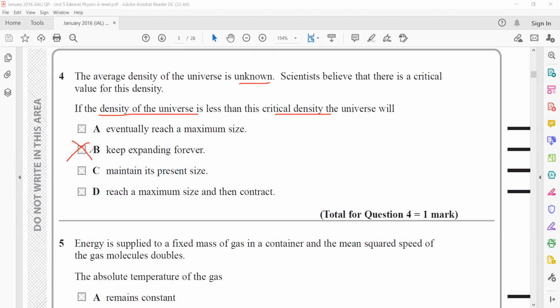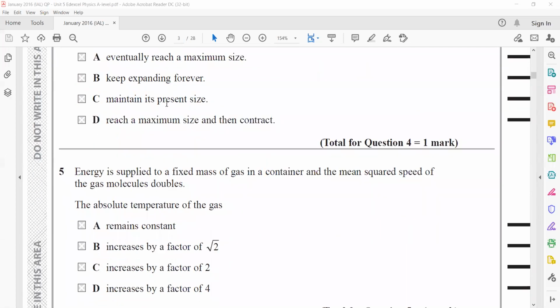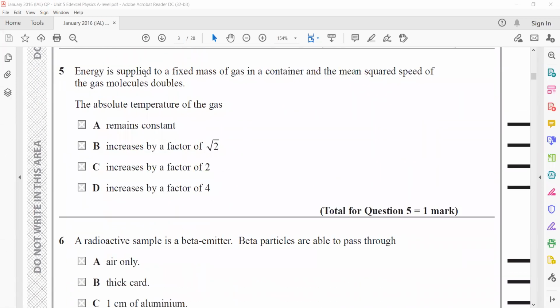But if the density is higher than the critical, then there will be a big crunch, and if it is equal to critical, then it will continue to expand, and after that, it will reach a certain size and stop expanding. These are the three phases of the universe.